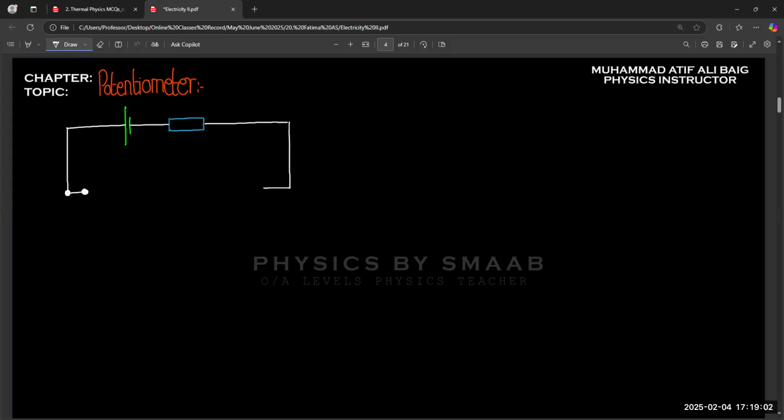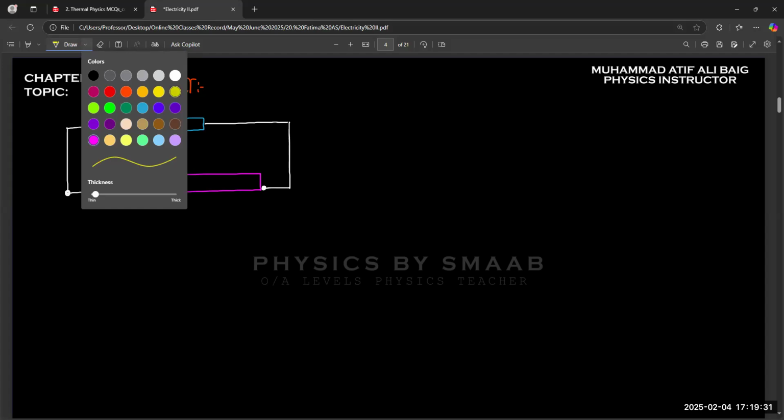In this diagram, we now have two terminals, one on the left hand side and one on the right hand side. Between these terminals, we are going to use a ruler to measure the exact value. So this is the ruler given.